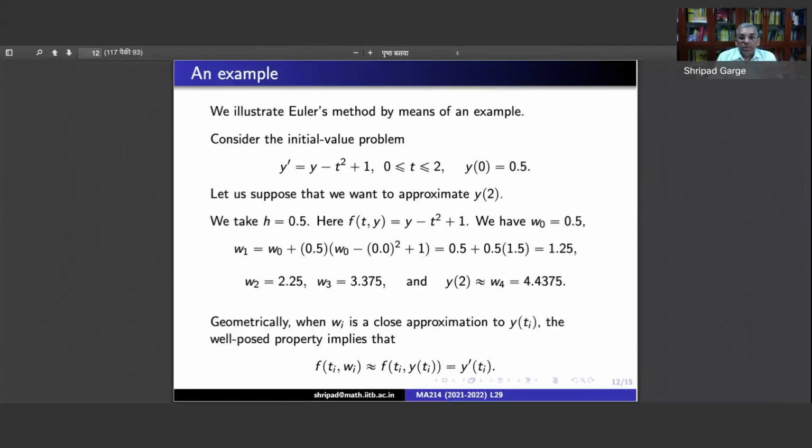Now geometrically, I told you that Wi is already an approximation to Yti, and we are going to put that in the equation to compute an approximation for Yti plus 1. But it's not too bad because our problem is well posed.